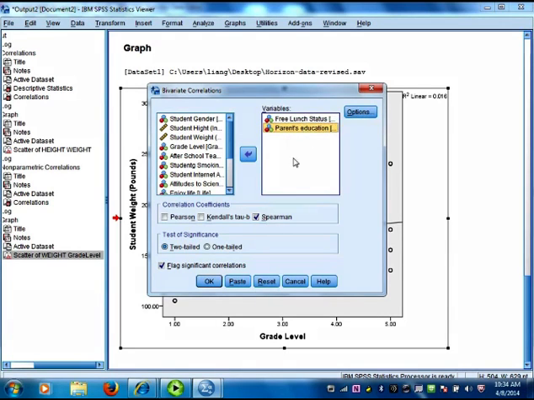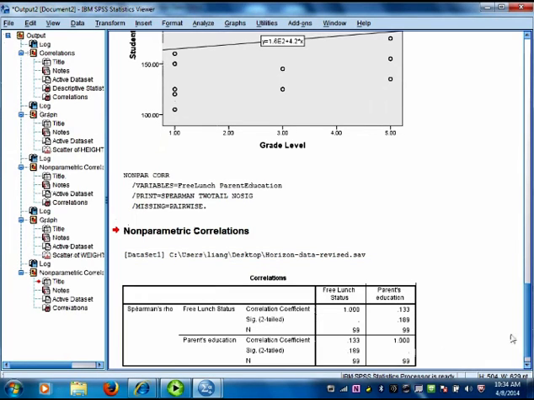If that's the case, we can use Spearman-Brown, and you do the same thing. You say okay, Spearman-Brown, okay. In that case, you can see the correlation between free lunch status and parents' education is 0.133, and the P, the probability of error, is larger than 0.01 or 0.05.